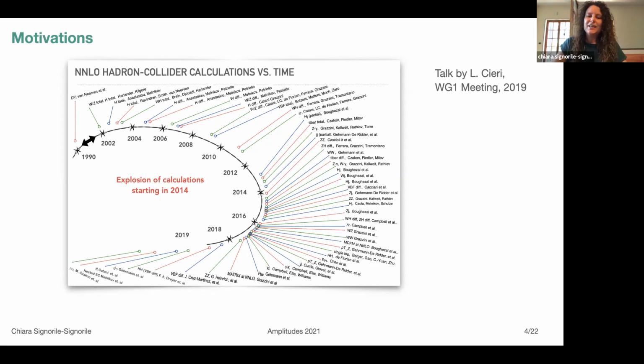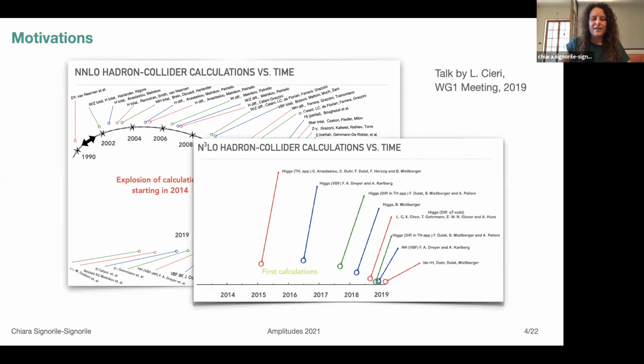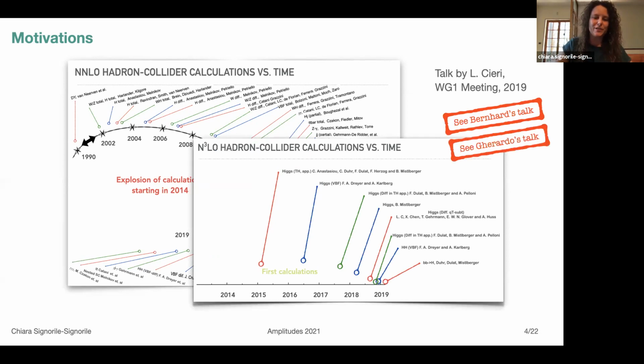And this kind of revolution is very recently undergoing a second phase, the so-called N3LO phase. I would strongly encourage you to have a look at the talks by Bernhard and by Gerardo for further details on N3LO computations.